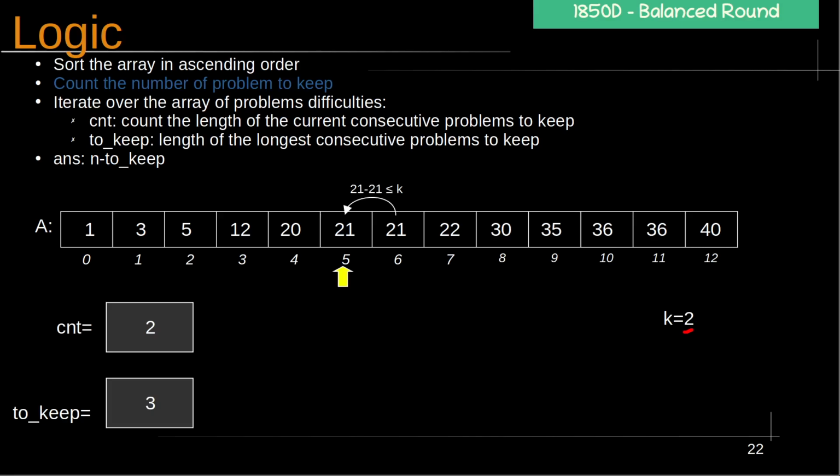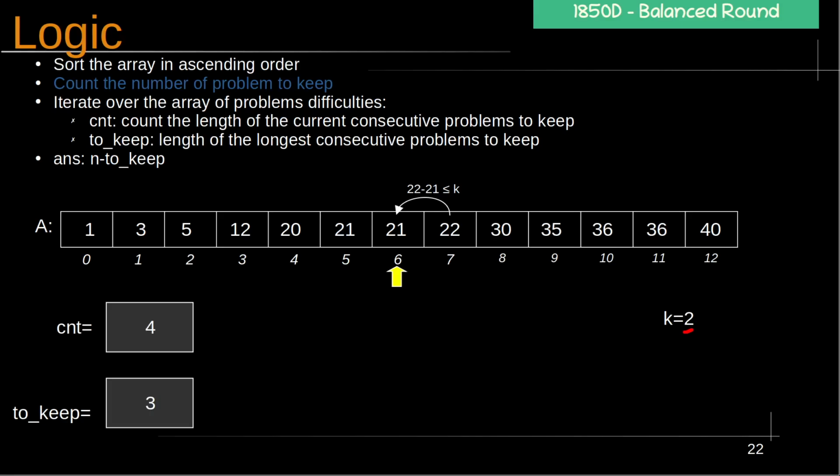We go to the next. 21 and 21 is less than k. So we update the length of the current balanced set of problems, which is 20, 21, 21. We go to the next, 21 and 22. These two problems are balanced.